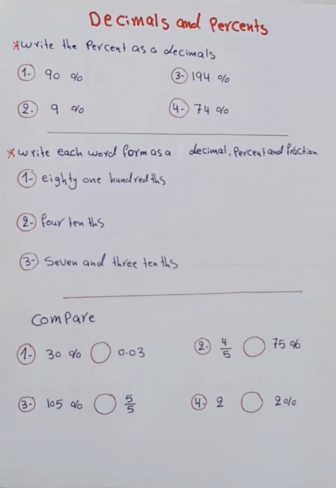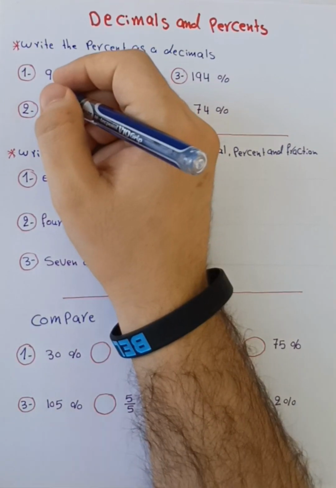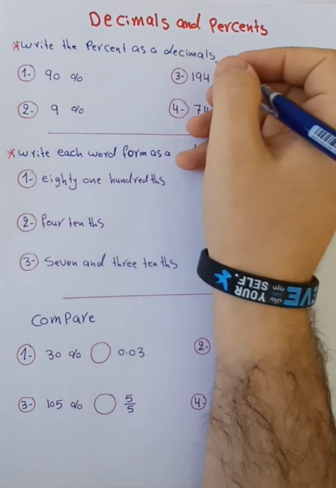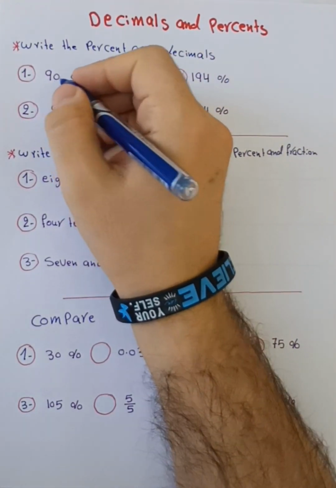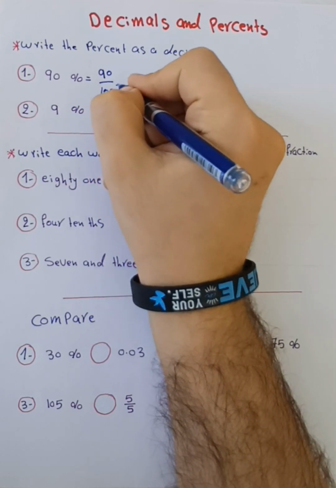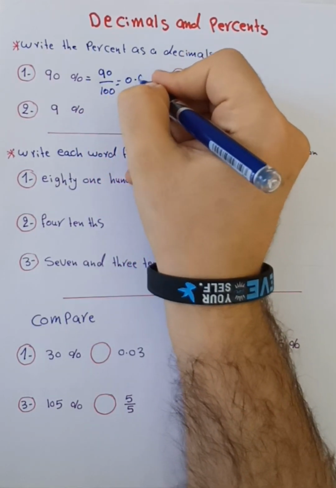After that, in this part of the lesson, how to write a percent as a decimal. When we have a percent form and we want to change to decimal, we have to divide the number by 100. 90 divided by 100 equals 0.90.